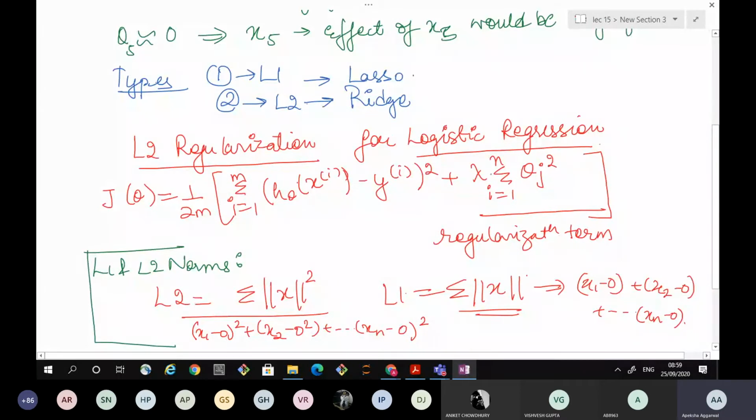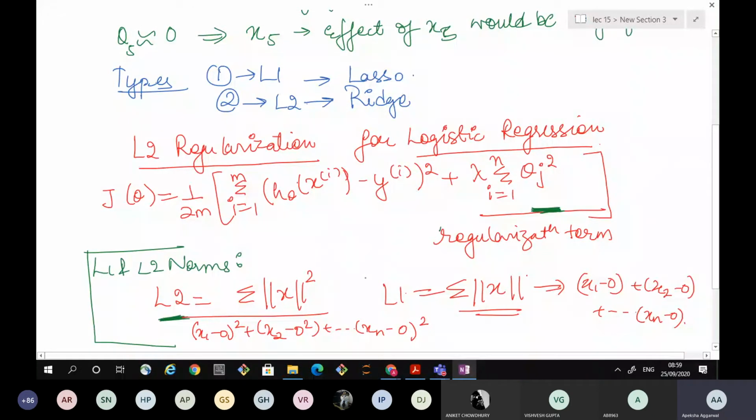Now you can see over here, this term theta j square resembles this L2 norm, right? So that is why this is called L2 regularization. In L1 regularization we have only theta j, instead of squaring the term, we have only the power 1.